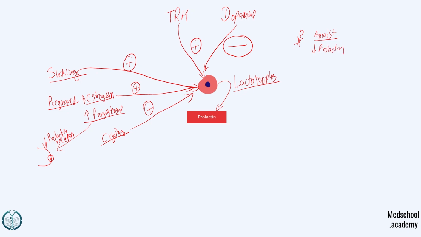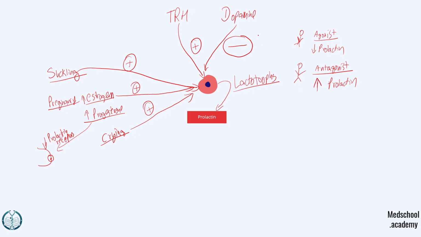Okay, now let's take the opposite. Let's say we have another person here, and we give him antagonist. What happens to prolactin? Does it increase or does it decrease? Well, obviously it should increase.